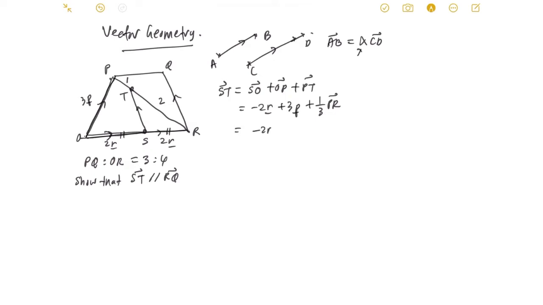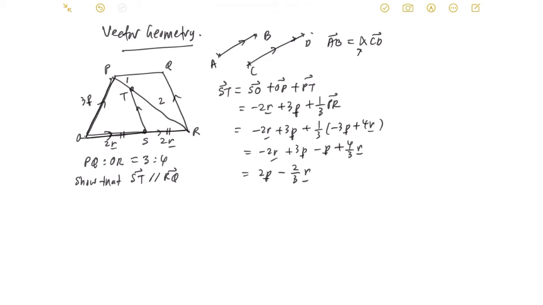We can find vector PR: PR is negative 3P plus 4R. When I expand the bracket, I get negative 2R plus 3P plus 1/3 of negative 3P plus 4R, which is negative P plus 4/3R. So 3P minus 1P is 2P, and 4/3 minus 2 gives negative 2/3R.